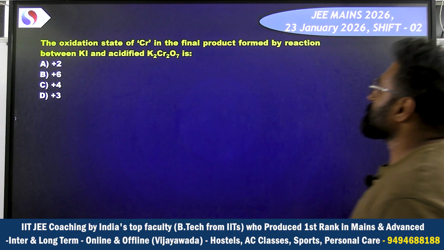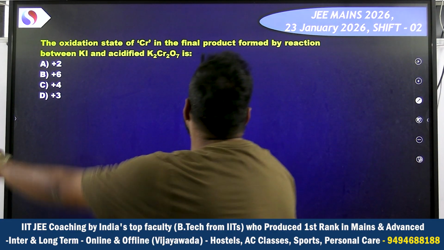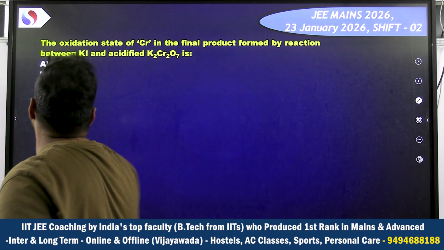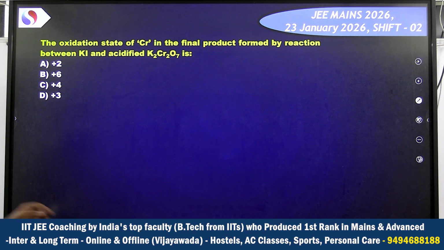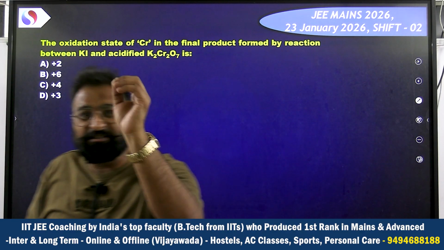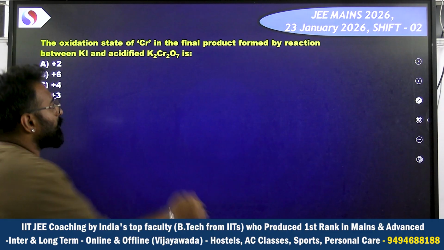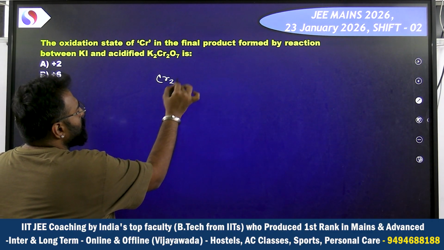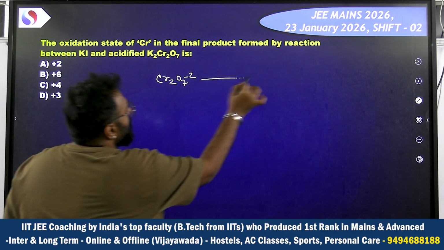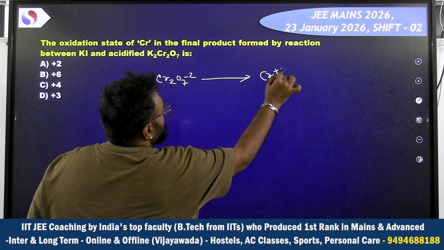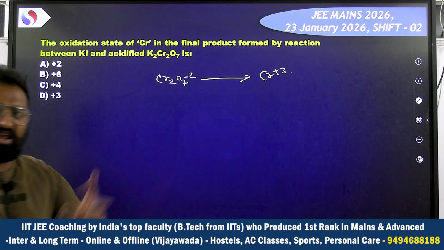Next, the oxidation state of chromium in the final product is asked in the reaction between KI and acidified K2Cr2O7. Dekho, this question is ultimate simple question. I am giving you one simple trick. Yaad kar lo कि whenever Cr2O7 minus 2 undergoes reduction, it gives directly Cr plus 3.